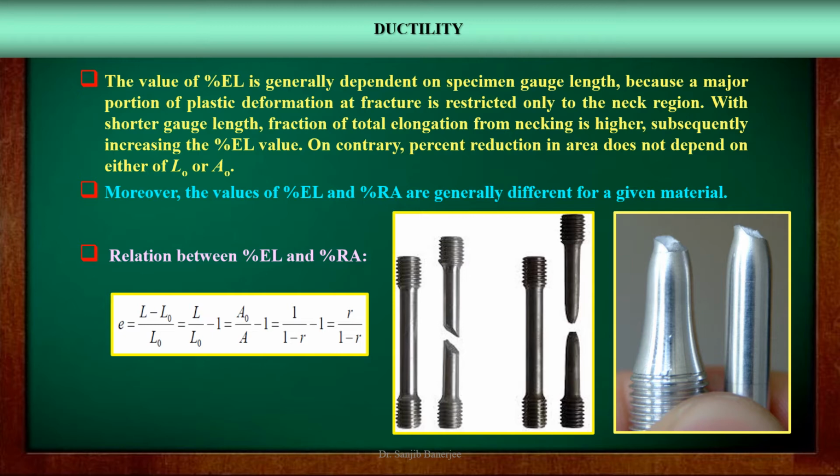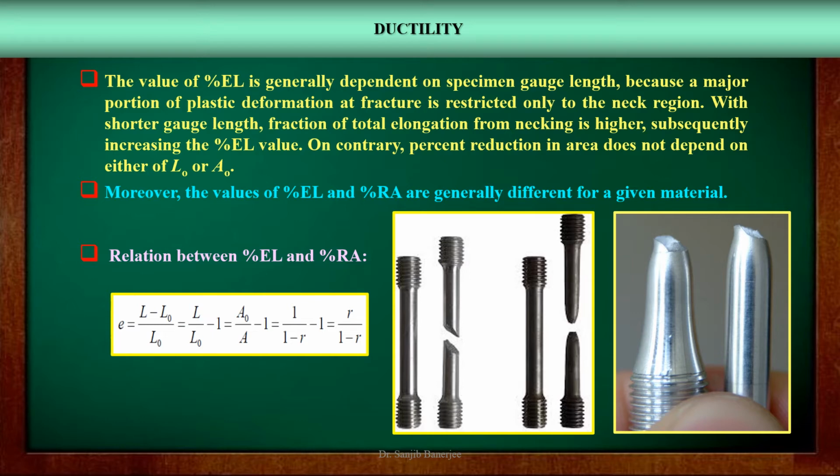With shorter gauge length, the fraction of total elongation from necking is higher, and subsequently the percentage elongation value increases.